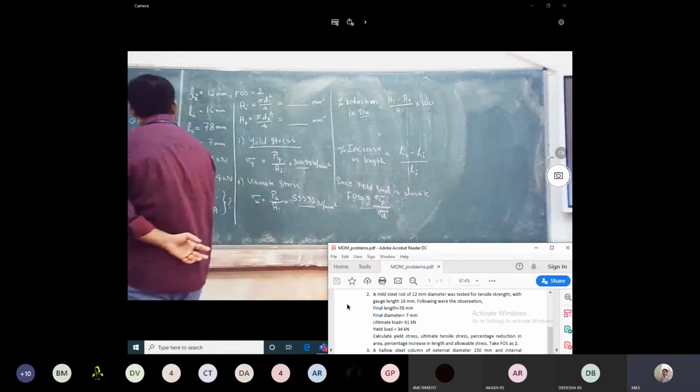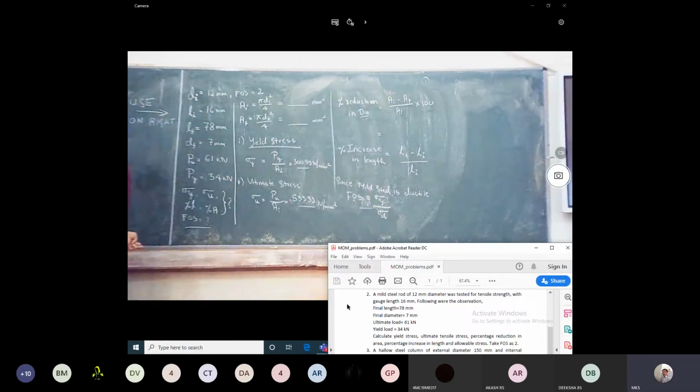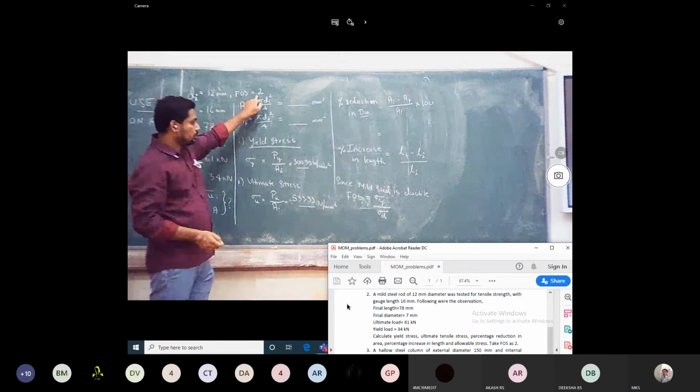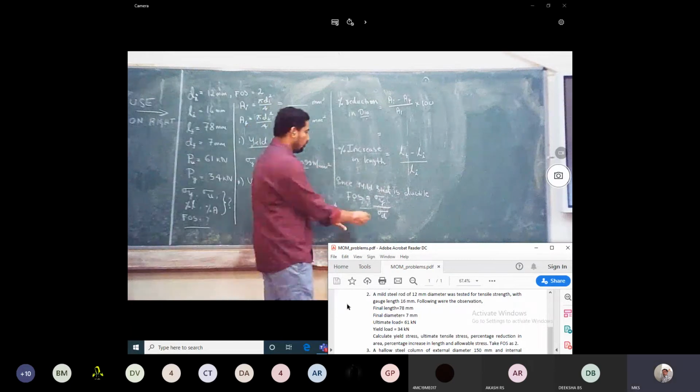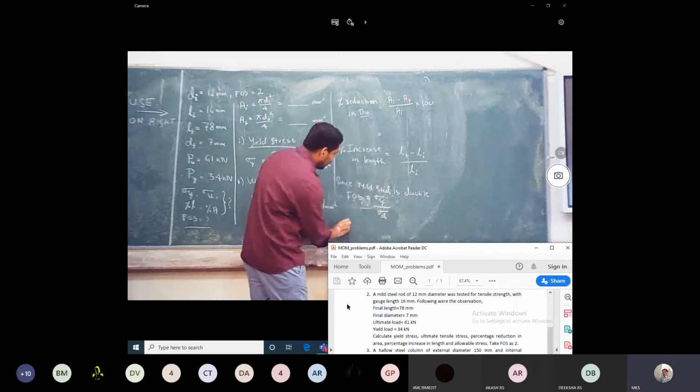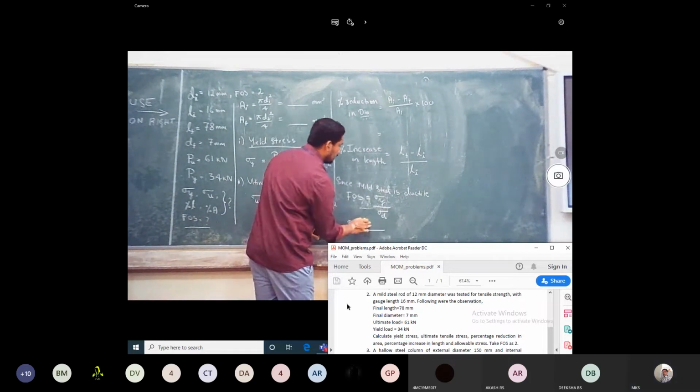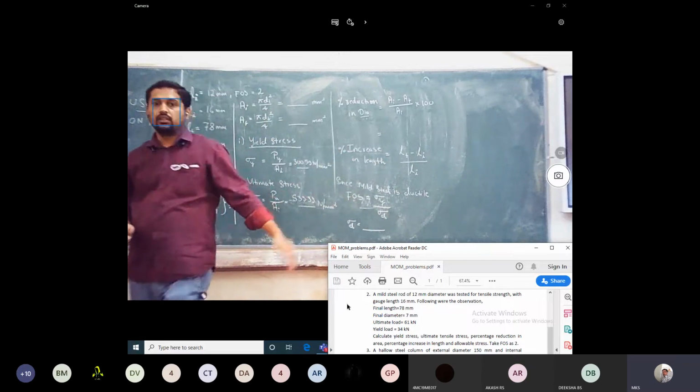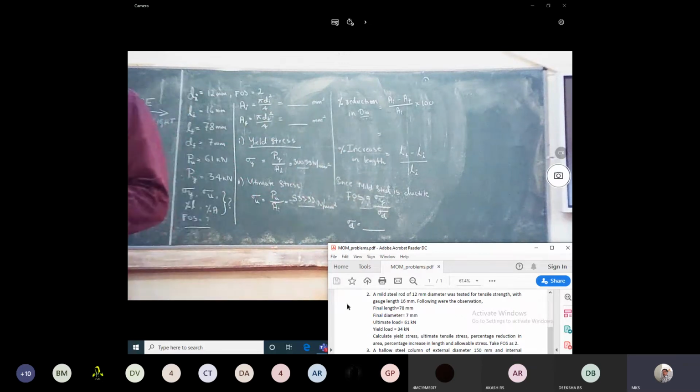Sigma d is the design stress, also known as allowable stress. The factor of safety is given in the problem, so you can calculate sigma d.